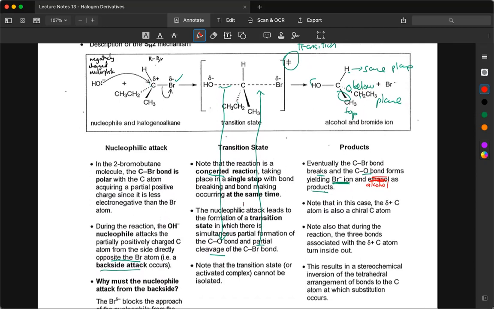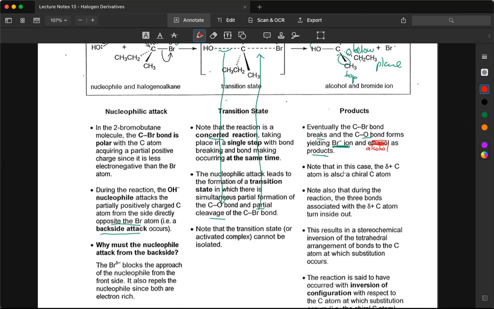Note that the transition state or the activated complex cannot be isolated. For the product, eventually the C-Br bond breaks completely and the C-O bond forms, giving Br minus ion and the alcohol as the products.